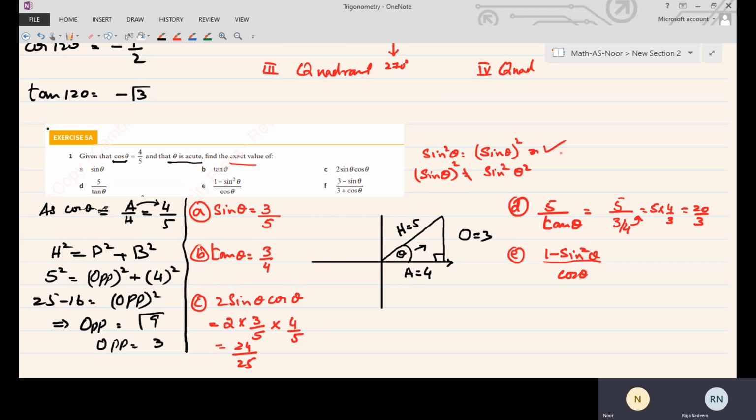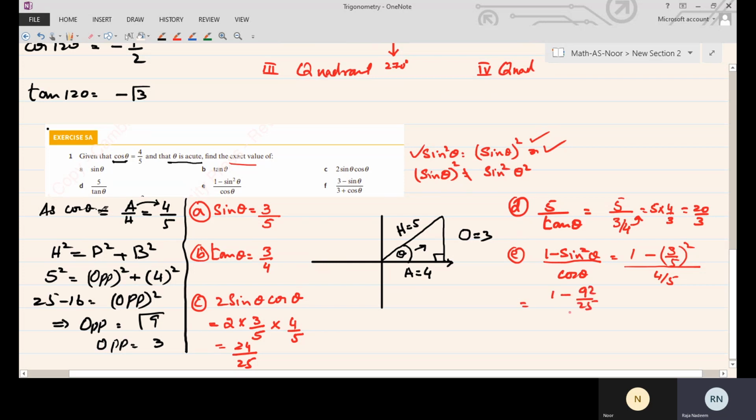Okay, so in this case, 1 minus sine square theta. As we know, sine square theta means sine of theta whole square, and the sine of theta value is 3 over 5. Then I'll take the square of this value and divide it by cos of theta's value, which is 4 over 5. Now we need simplification. 9 over 25 over 4 over 5.